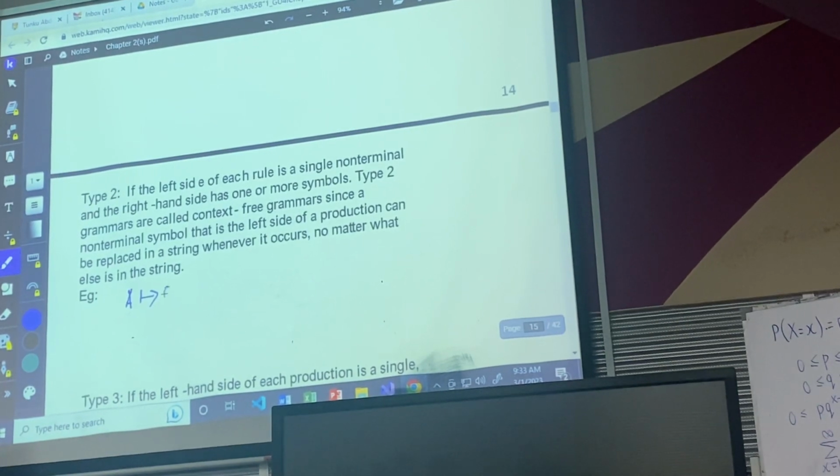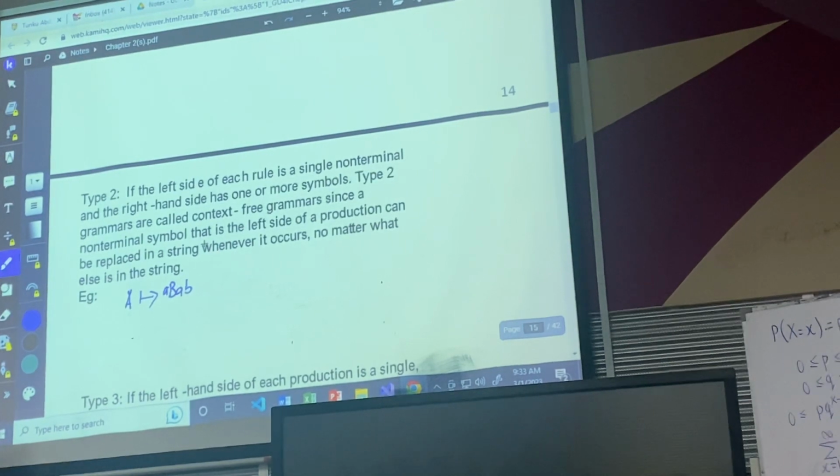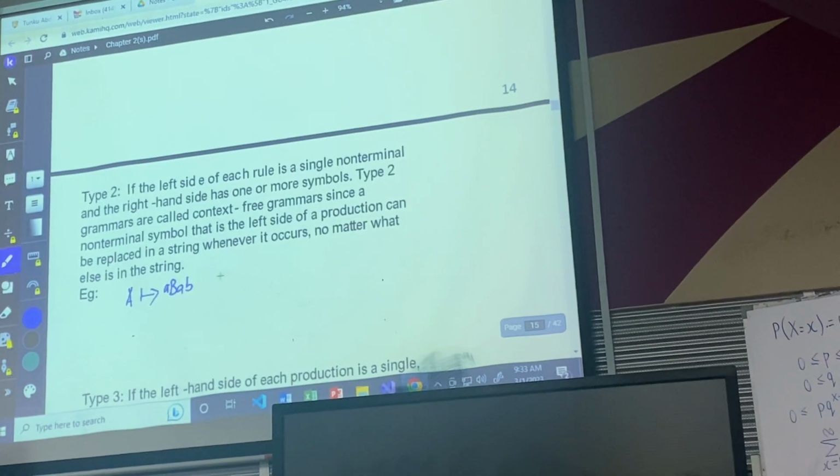So I can write A, B, A, B. The constraint here is that on the left side you can only have one single non-terminal. At the right hand side, you can have either a terminal, non-terminal combination. Okay, so this is type 2.